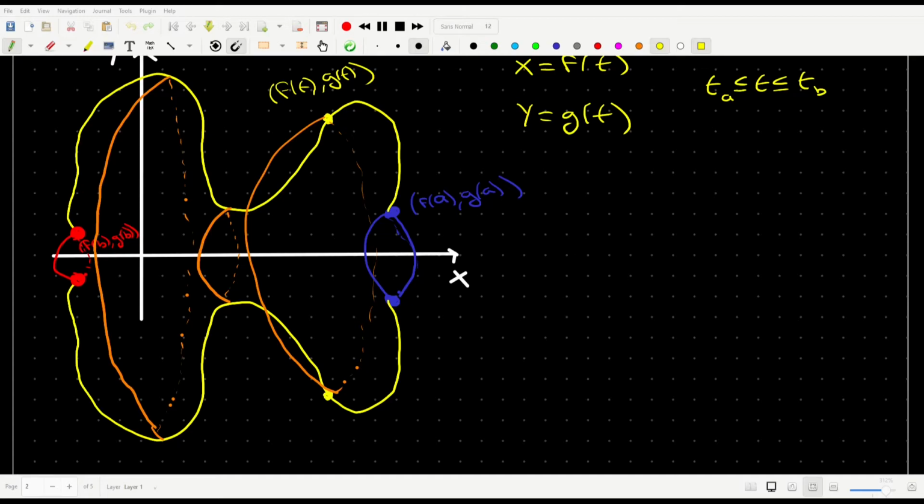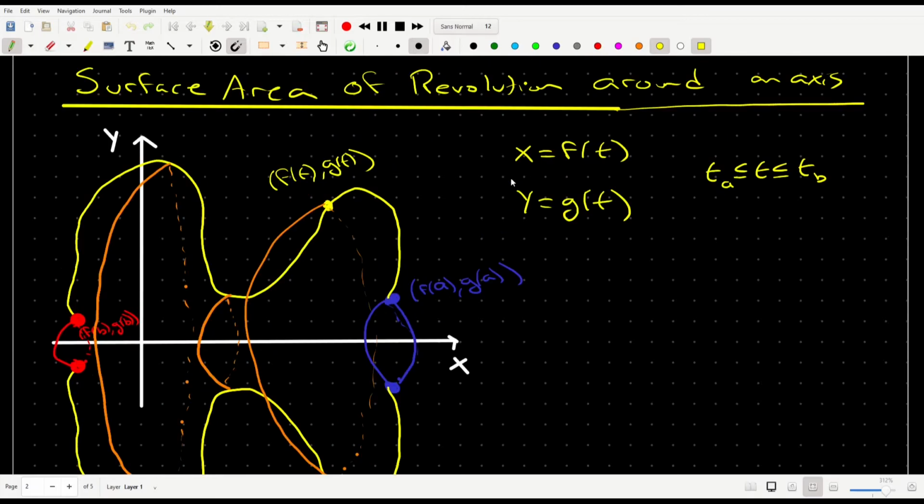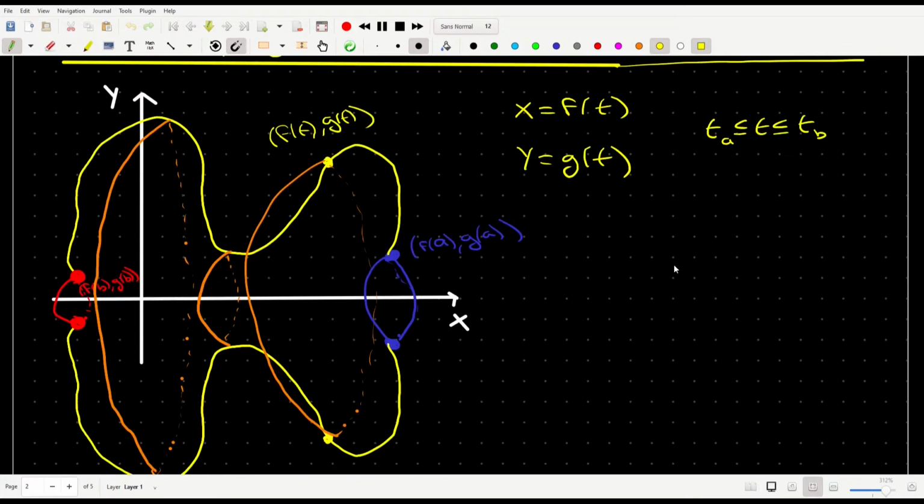So the idea here is that at any point t in our parameterization, we're going to have a corresponding point x of t, which is the f of t, or x of t. It's this point right here. Just the x coordinate of this point on the curve.